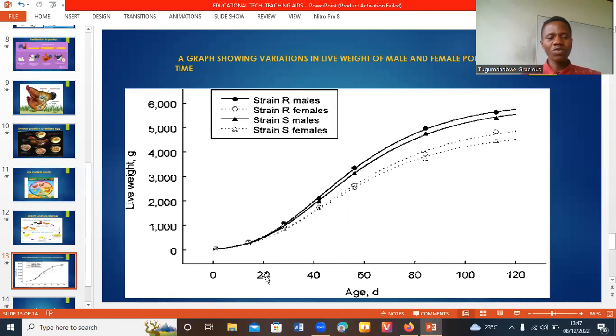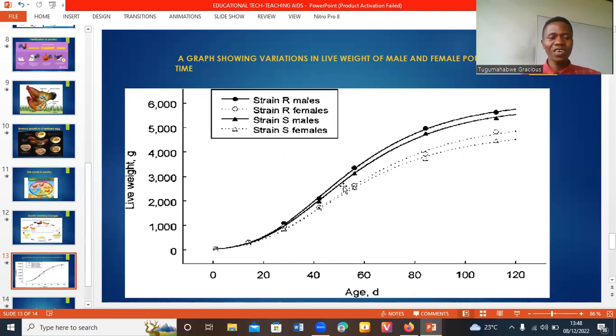At the age of 20, it is illustrating that it is around 990 grams, and as it goes through the stages of growth, the live weight also increases. So these two lines show how they differ in live weight.